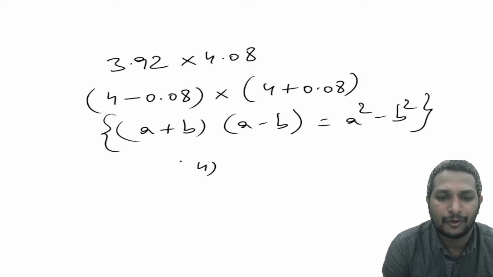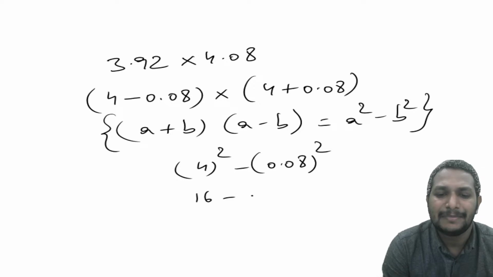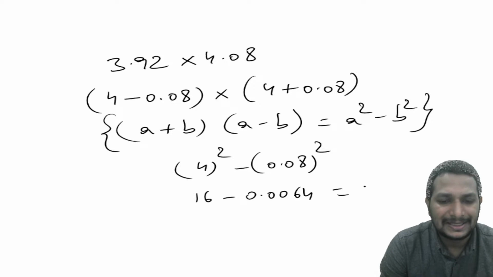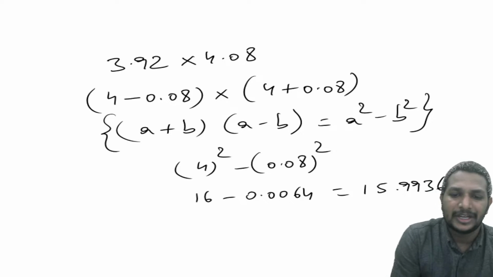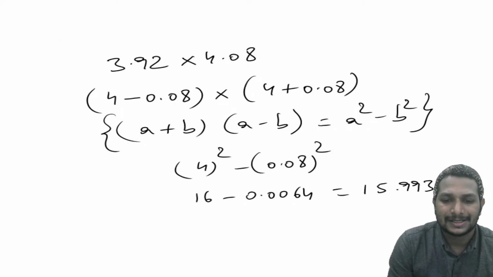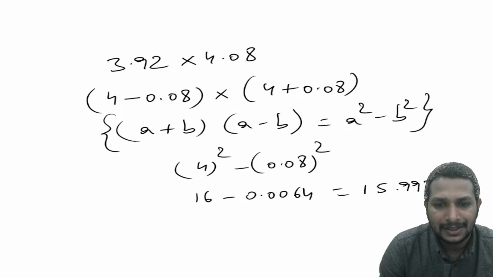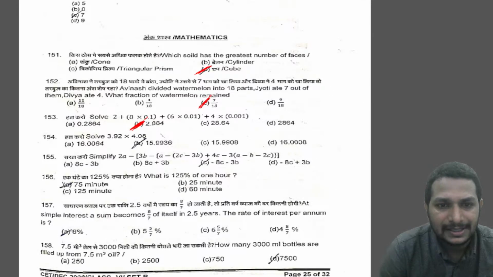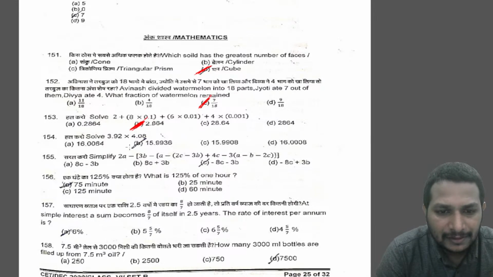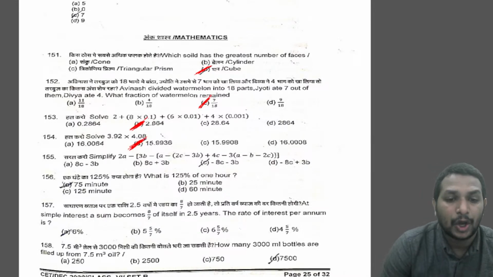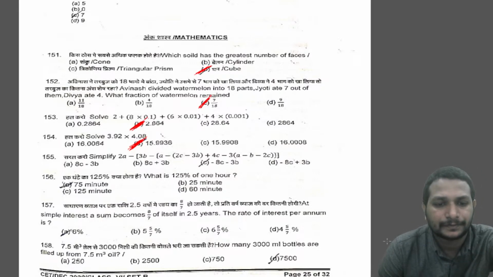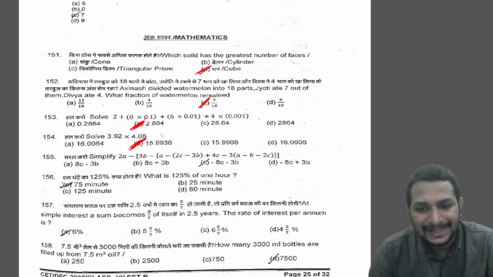Apply the square minus square: 16 minus 0.04. Getting this, we got the answer as option B. Okay.